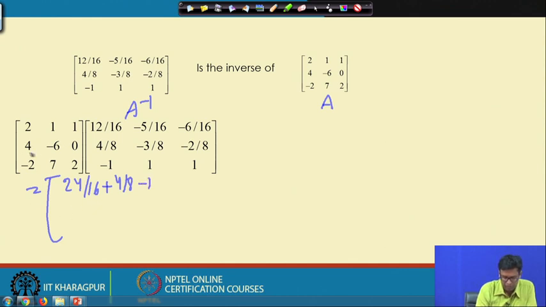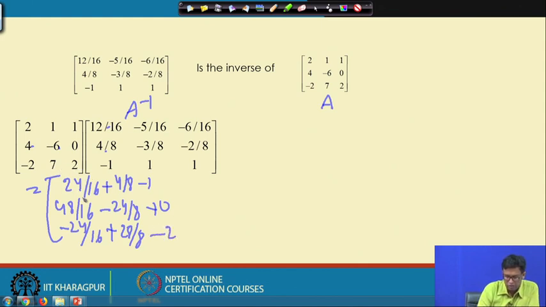The first row second column term will be 48 by 16 minus 24 by 8, plus 0, fine. The third row first column term will be minus 2 into 12 by 16, which is minus 24 by 16, plus 7 into 4 by 8, plus 28 by 8 and minus 2.